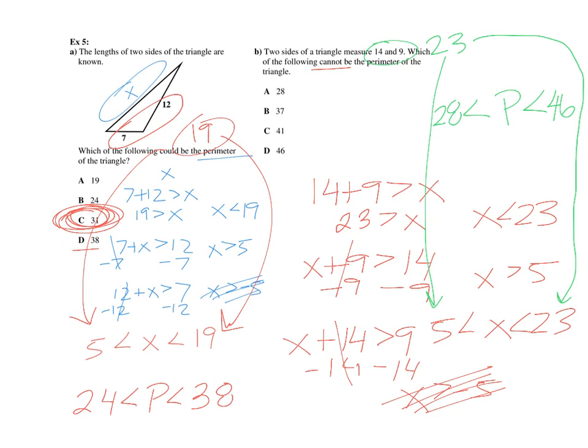Okay, 37 is between those. 41 is between those. Well, 28 is not between, and neither is 46. So I don't know what's going on here. I got to change the numbers here. But both of these don't work, all right? So these two numbers cannot be the perimeters of the triangle.